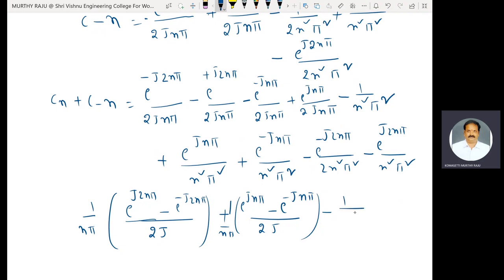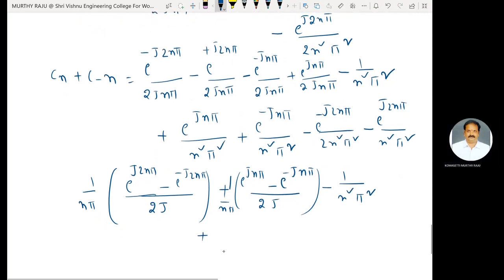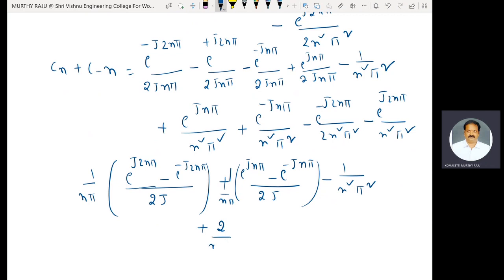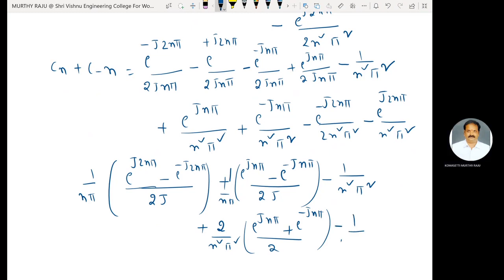Here minus 1 by n square pi square, multiplied with 2 by n square pi square, e power j n pi plus e power minus j n pi by 2. Here minus 1 by n square pi square, e power j 2n pi plus e power minus j 2n pi by 2.